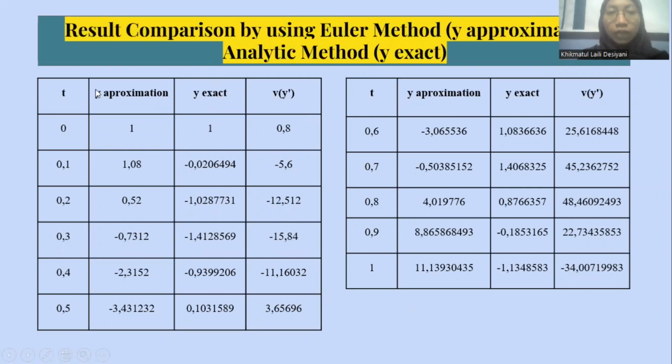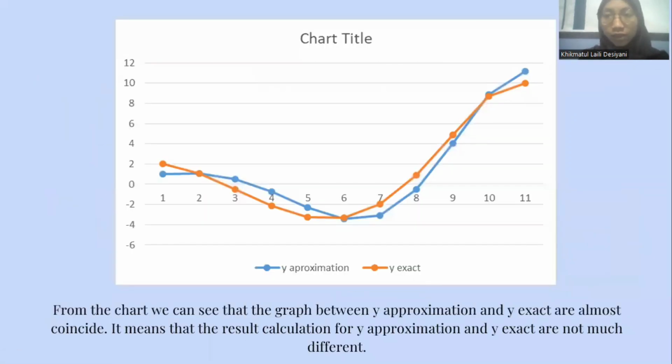The values of y approximation and y exact from this table can be transformed into a graph or chart, as we can see here. From this graph, we can see that the graphs of y approximation and y exact almost coincide. So it means that the calculation results for y approximation and y exact are not much different.